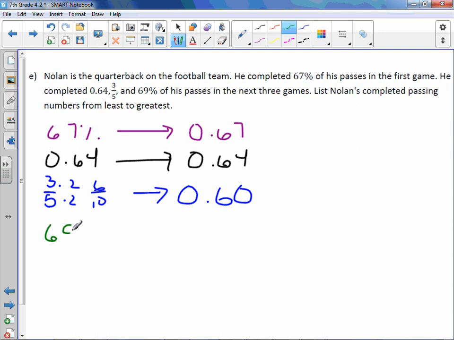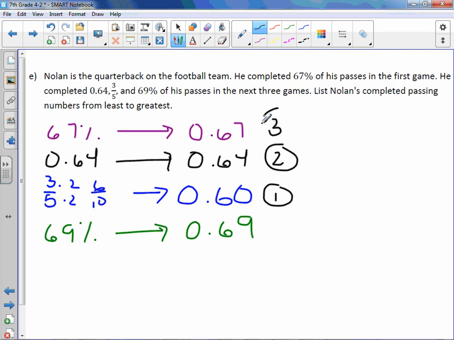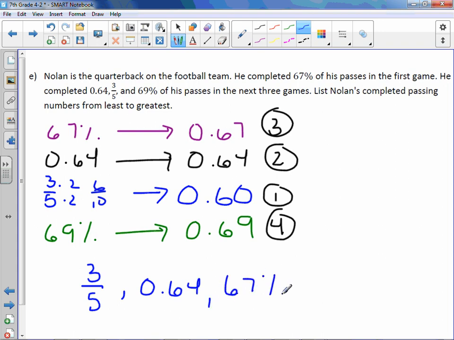And then we have 69%, which is 0.69. These are positive numbers, so normal rules apply. Our smallest number is 60, then 64, 67, and 69. Write in the original form by looking all the way left. Looks like we have 3/5, 0.64, 67%, and then 69%.